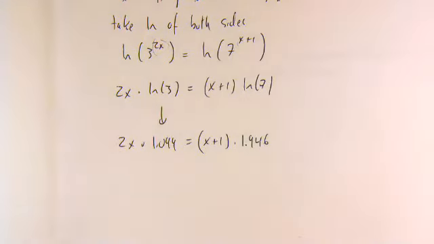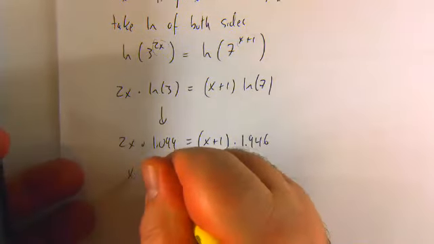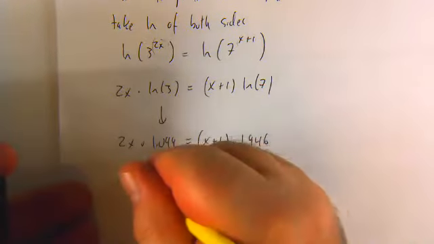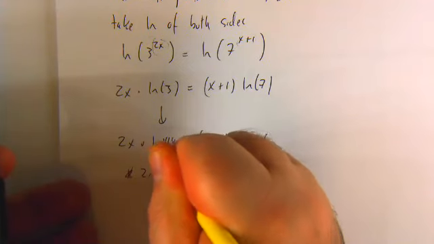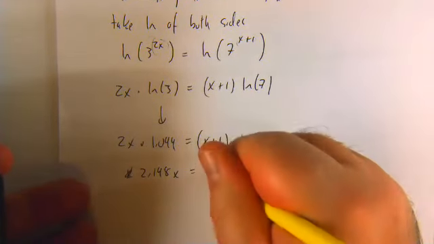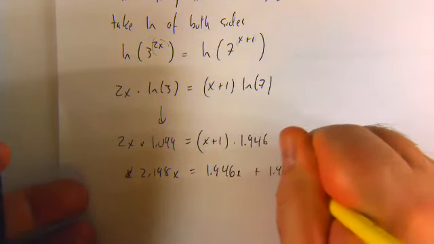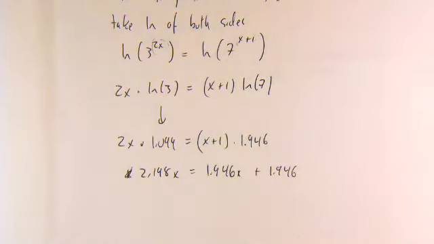Right, and now it's just a bunch of numbers. 2 times 1.099 is 2.198, so 2.198x equals 1.946x plus 1.946. Right? And you know how to solve that.